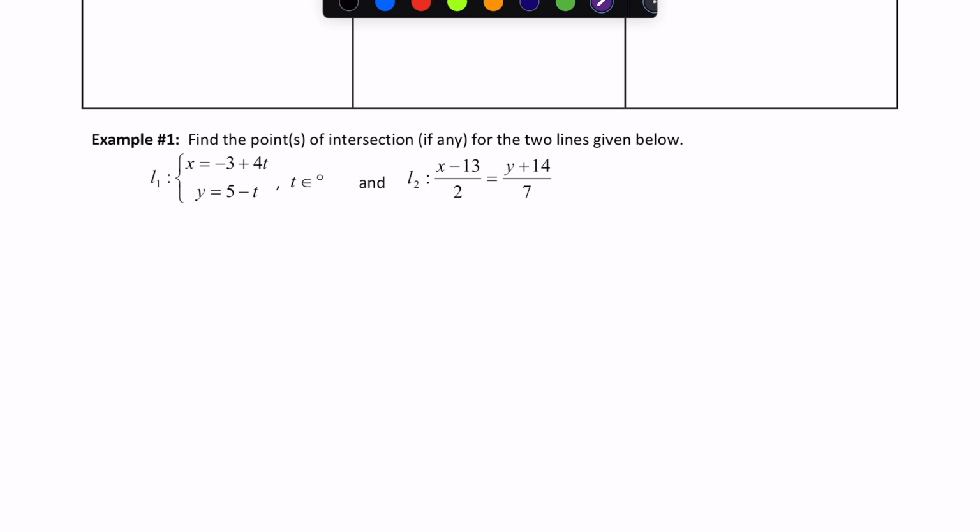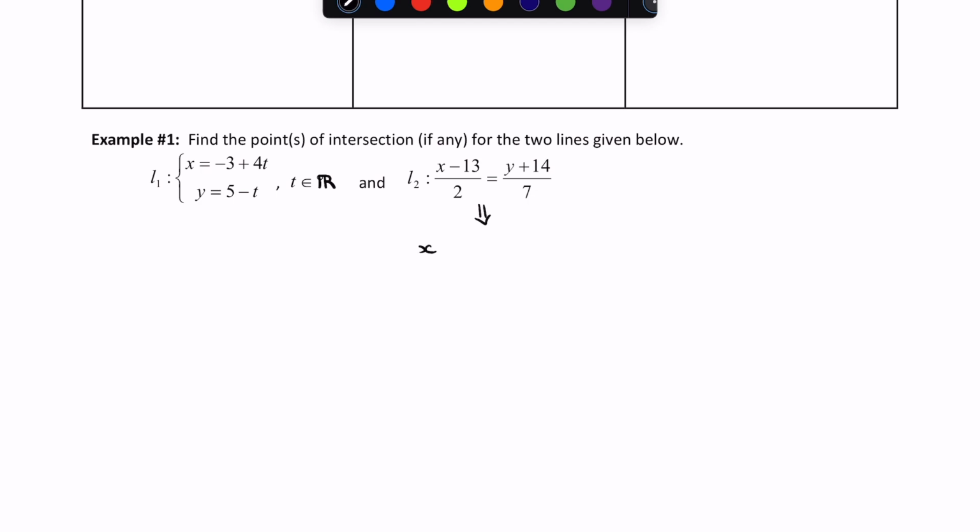And t is here an element of real numbers. And line 2 is x minus 13 over 2, which is equal to y plus 14 over 7. Here we'll write it in our parametric form for line number 2.